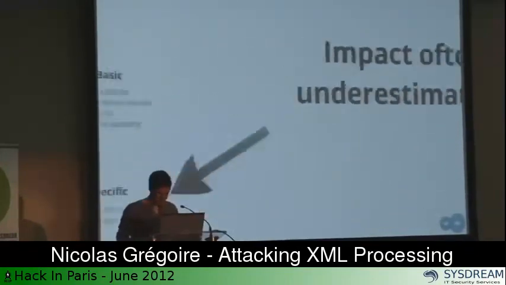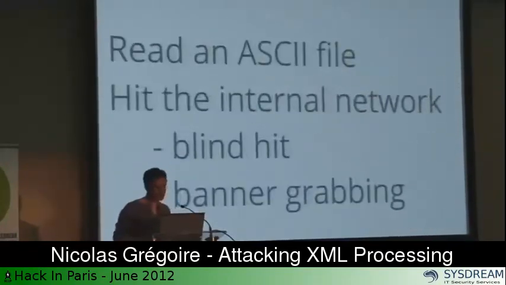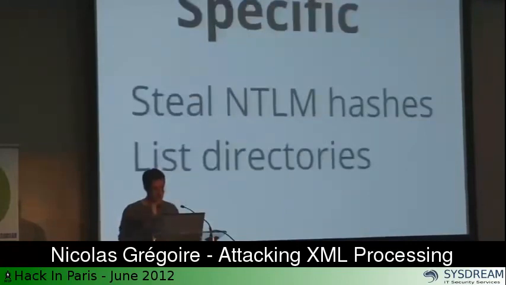Okay, impact. Most people see XXE vulnerabilities like reading ASCII files or UTF-8 files and doing SSRF, which is generating some hits on the internal network. Depending on the context, you can, for example, steal NTLM hashes under Windows.